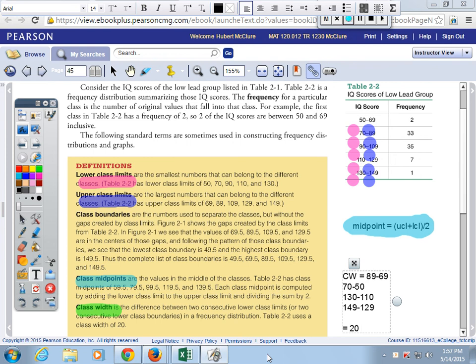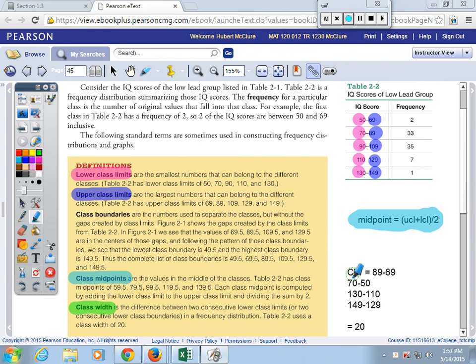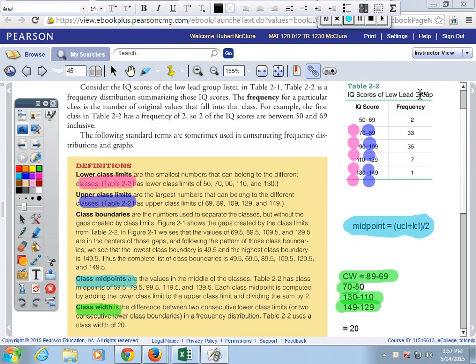Now, the good thing about the class width is once you get it, you can figure all your other things by just adding the class width. Let me show you. A while ago, you said the midpoint for the first one was 59.5. Now, instead of calculating all the other ones, all you got to do is add 20.